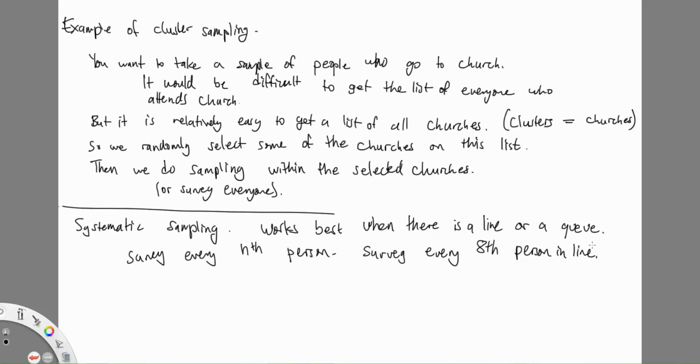This is an example of simple random, stratified, cluster, or systematic. Let me say it again. Don't shout out your answer. They randomly select 5 classrooms and survey all of the students in these selected classrooms. What is this? This is cluster sampling.